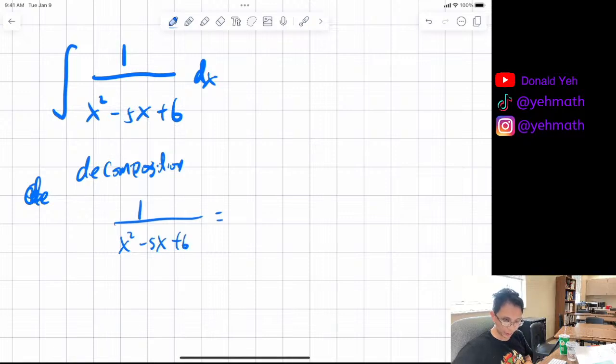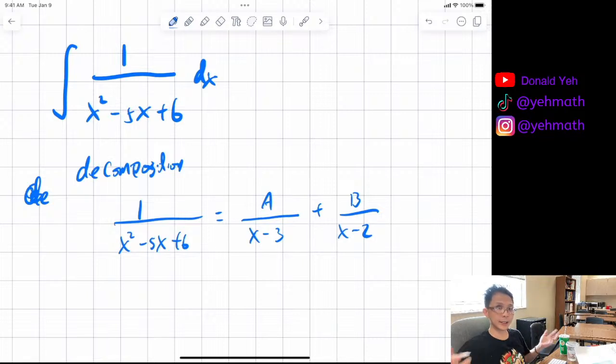What's the factor of the bottom? x minus 3, x minus 2. Good. So 1 over that equals a over x minus 3 plus b over x minus 2. We can break this into two fractions, but we don't know what a and b are.